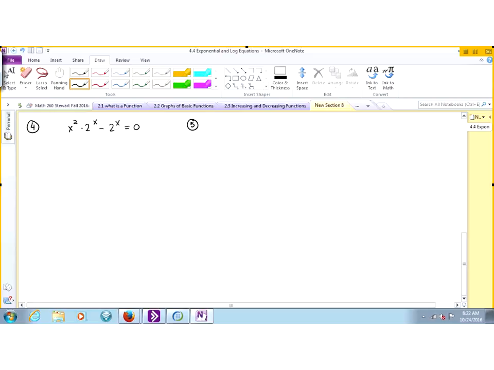And then number 5: e to the 2x minus e to the x minus 6 is 0. And then number 6: e to the x minus 12 over e to the x minus 1 is 0. All right.